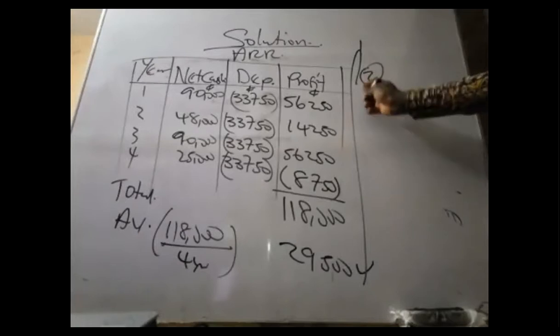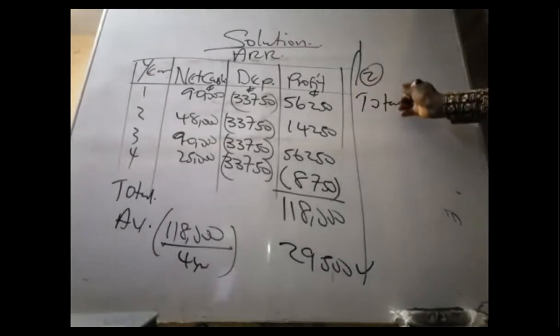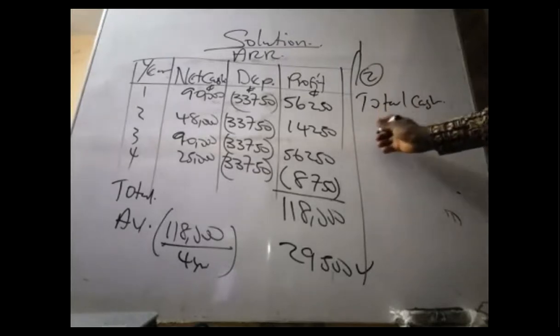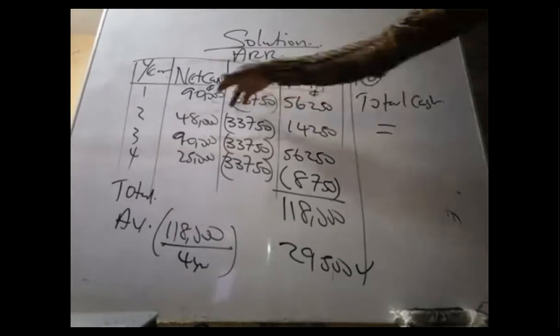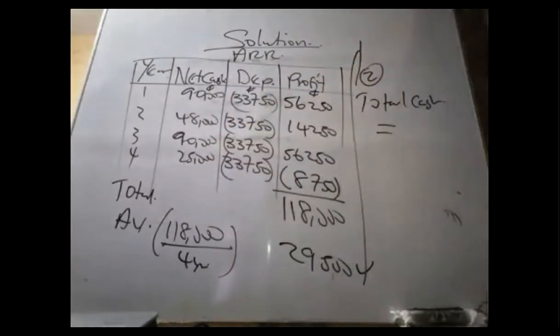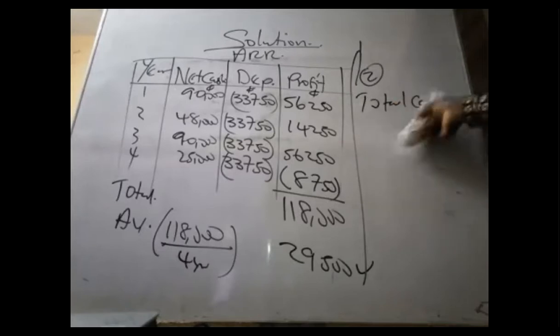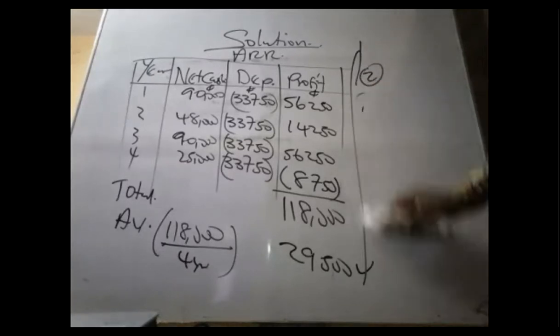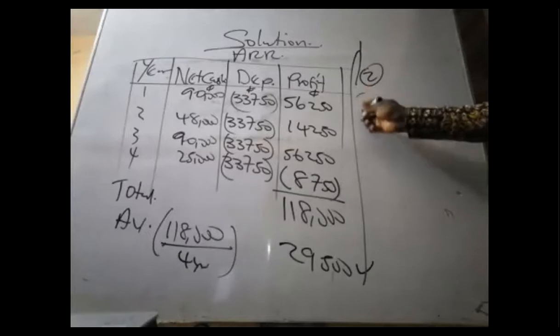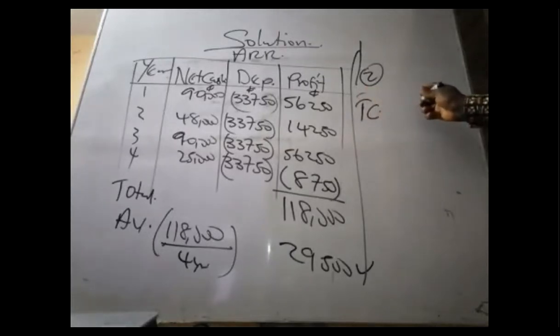Just get the total cash flow. Let's pick the calculator and sum up all the cash flows. So 253,000 is the total cash flow.